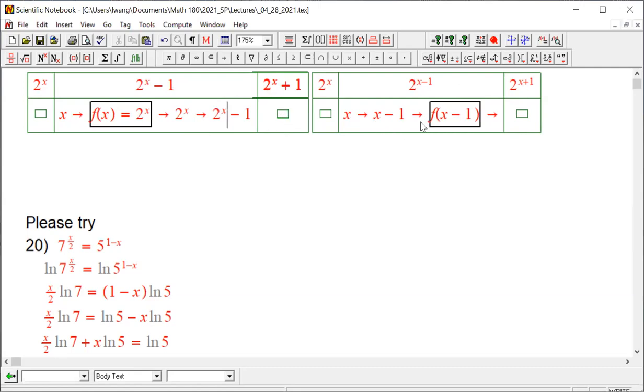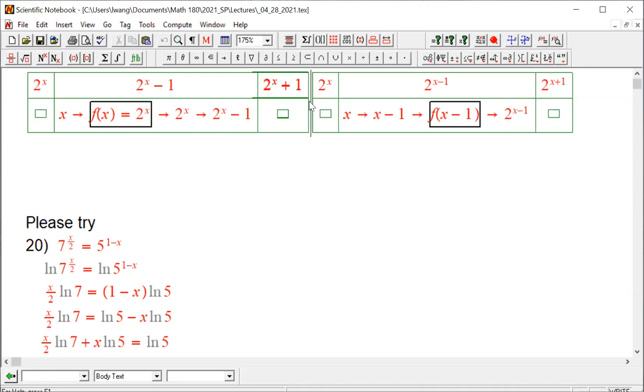But this one, however, will give us 2 raised to the power of x minus 1. Do you see the difference? One is 2 to the power x, minus 1. There's an order of operation there, and this is 2 to the power x minus 1. For this case, you're going to do the power first and then subtract 1. In this case, you're going to do the exponent first and then the exponential. You see the difference?